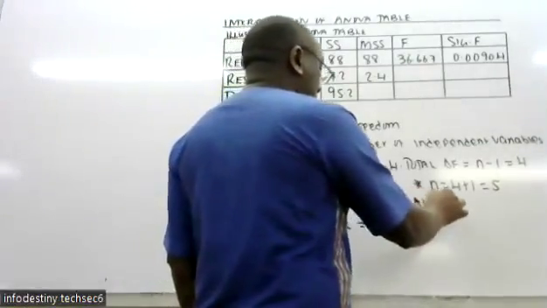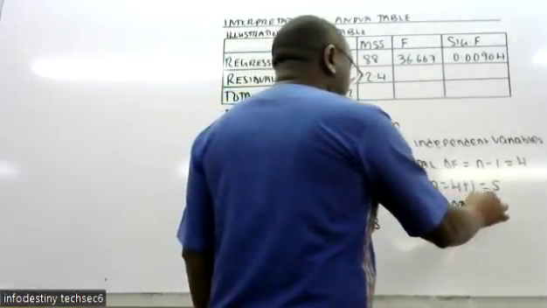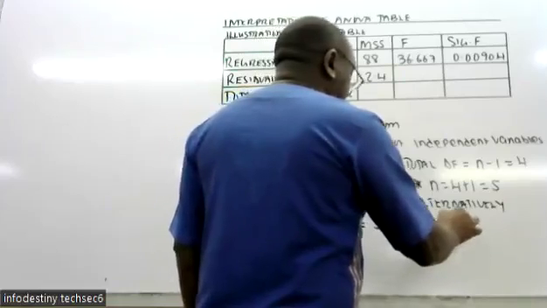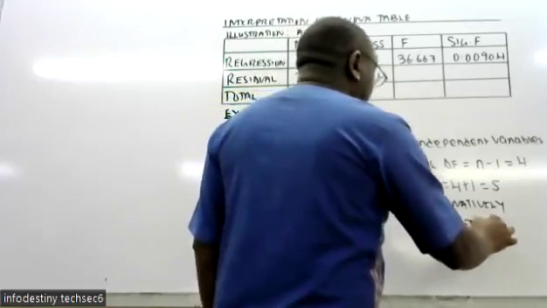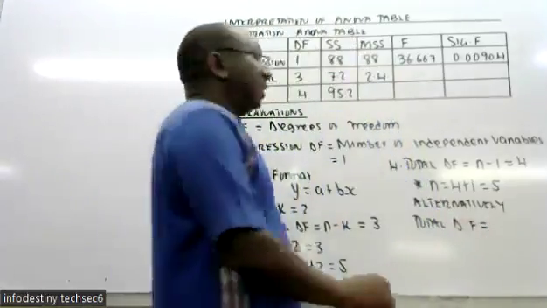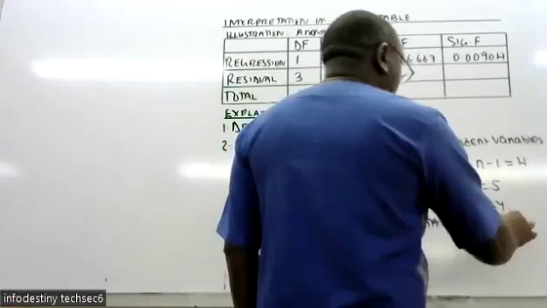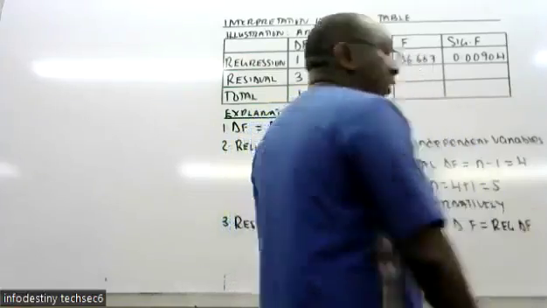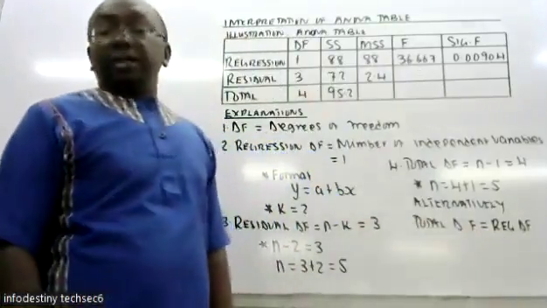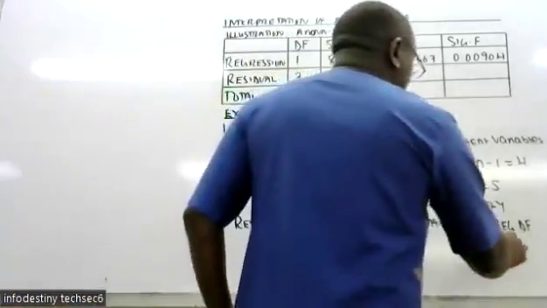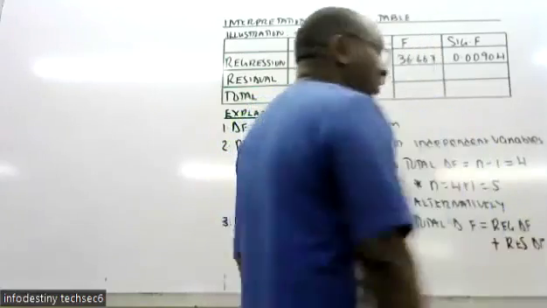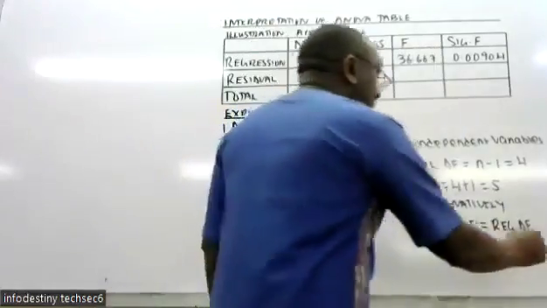Alternatively, if you are looking for total DF, you can get it as regression DF, the short form for regression is REG, plus residual DF.